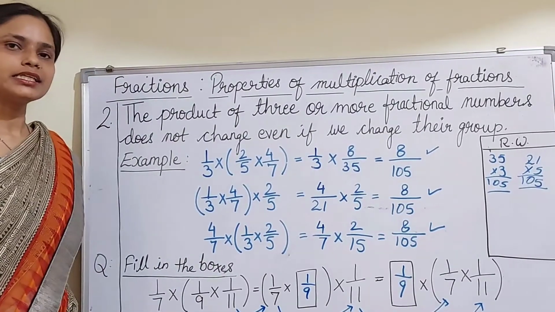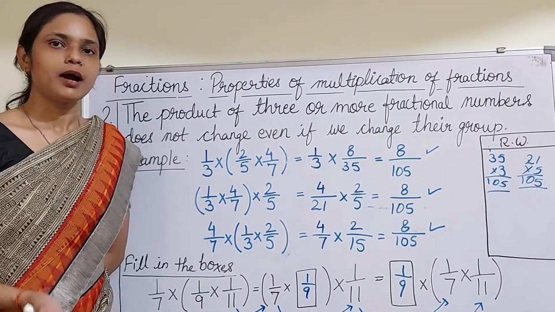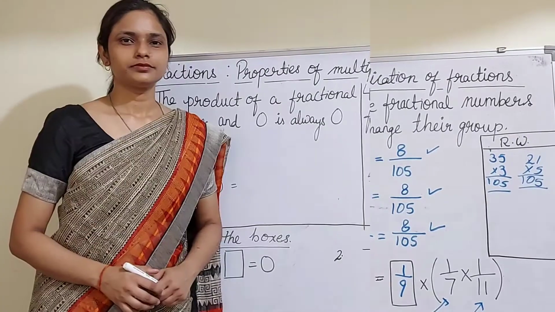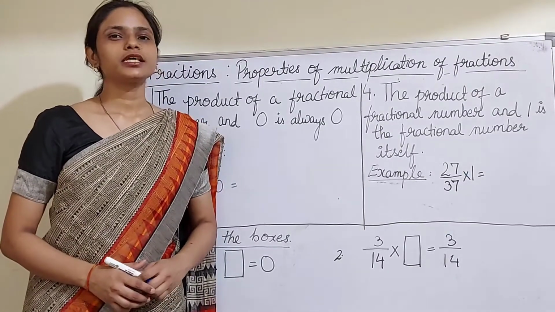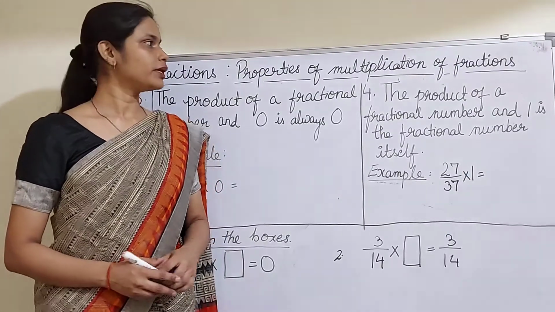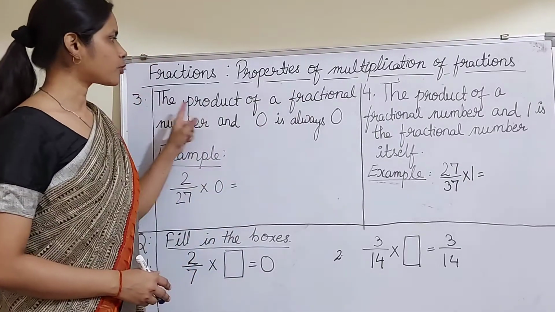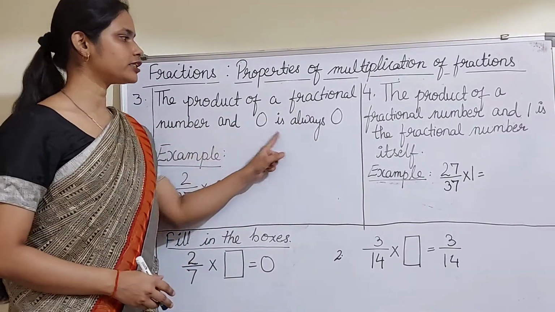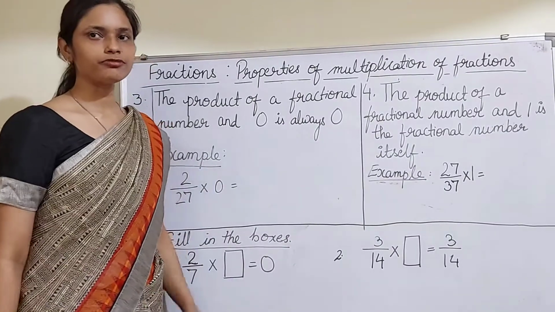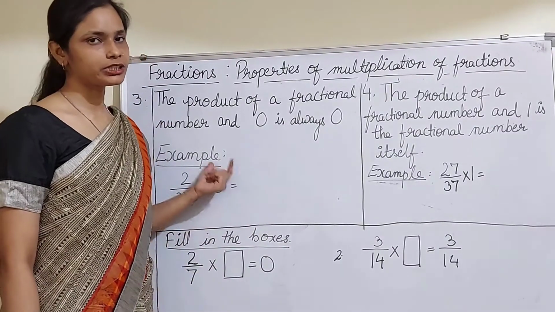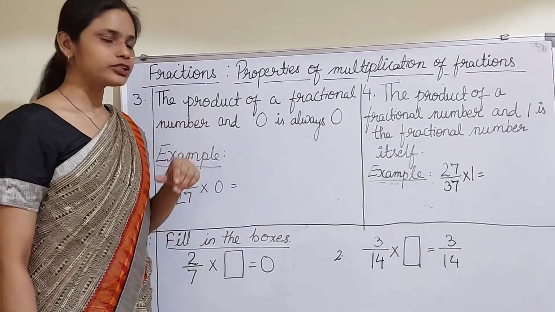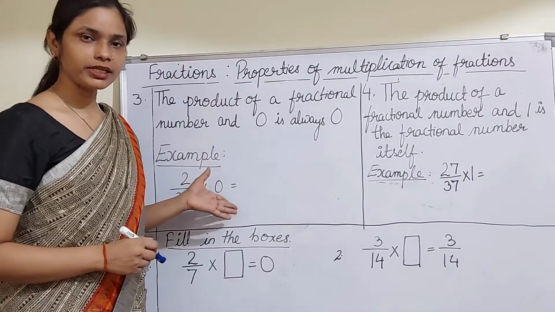Okay. Now let us understand the next property of multiplication of fractions. So students, the next property of multiplication of fraction is the product of a fraction number and 0 is always 0. If we multiply any fraction number by 0, the result will always be 0. Let us understand this through an example here.